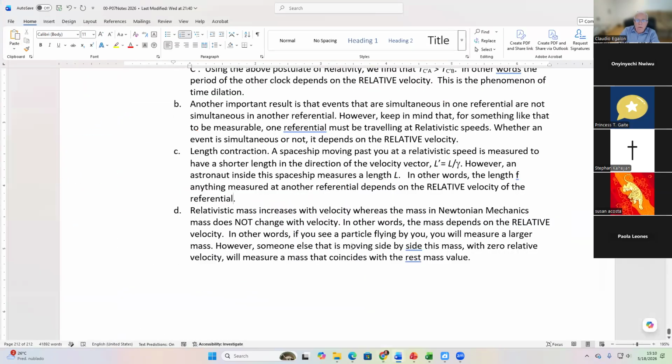Okay, so the last one. Relativistic mass increases with velocity, whereas the mass in Newtonian mechanics does not change. In other words, the mass depends on the relative velocity of the particle flying by you.